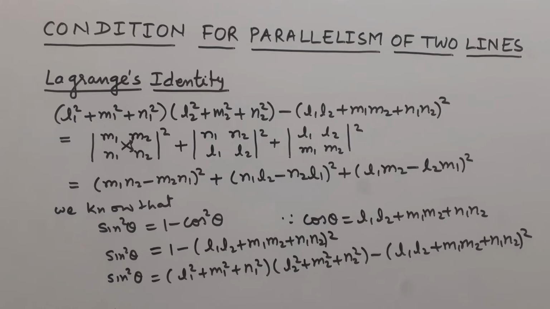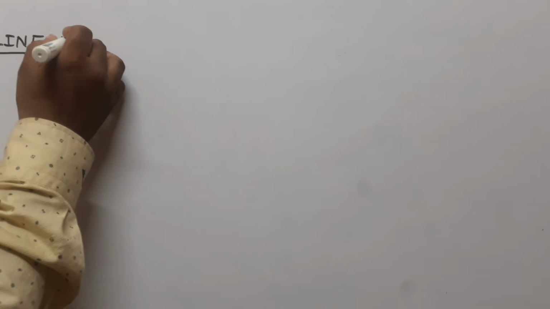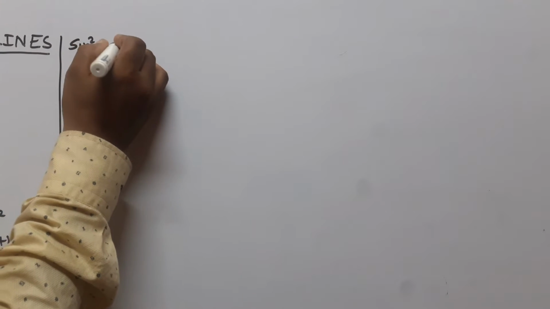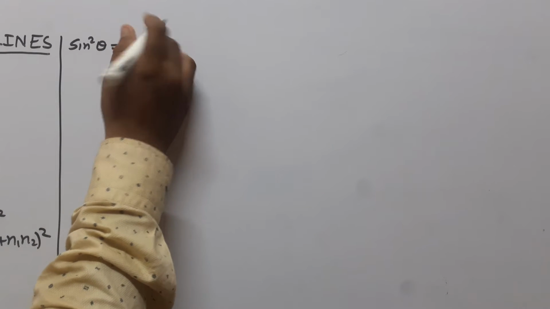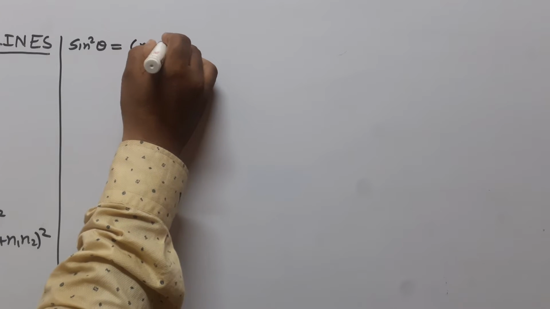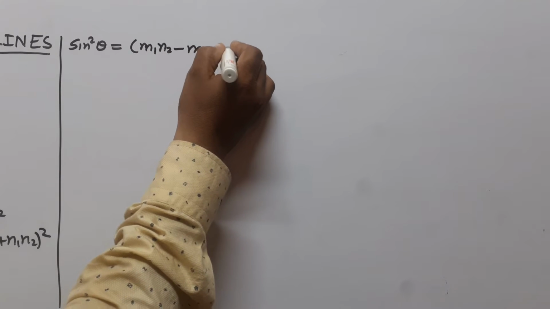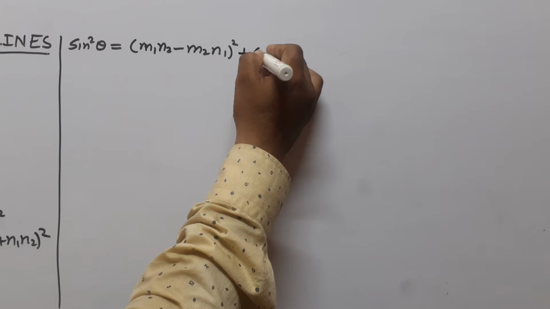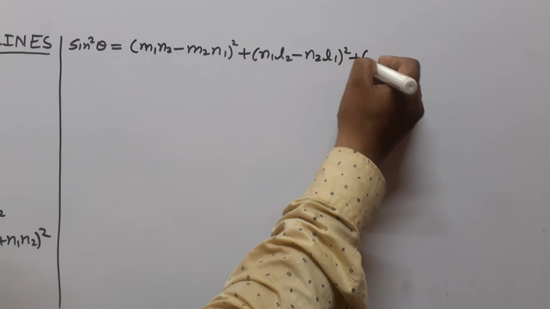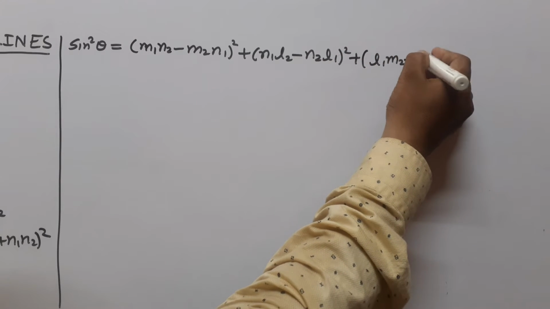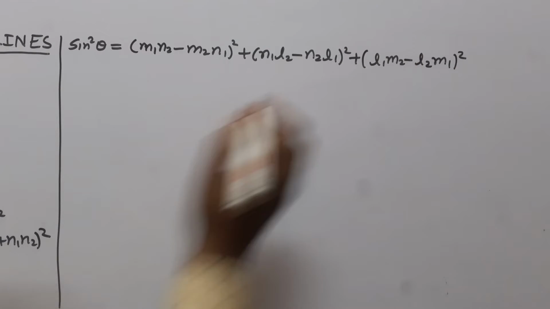Now we can write this sin square theta, from the Lagrange's identity, as (M1 N2 minus M2 N1) whole square plus (N1 L2 minus N2 L1) whole square plus (L1 M2 minus L2 M1) whole square.